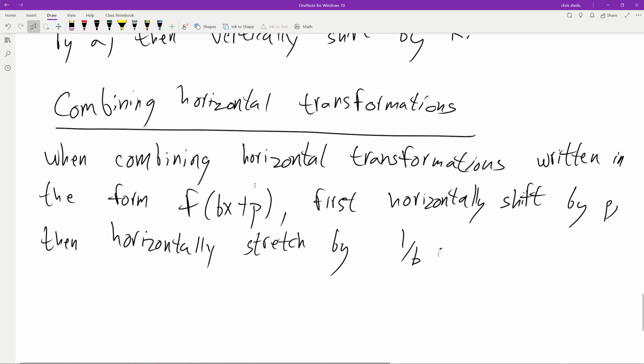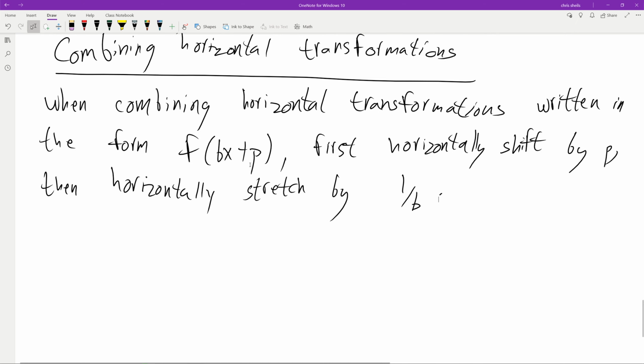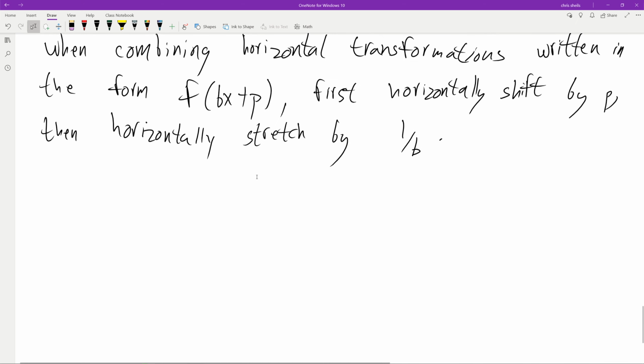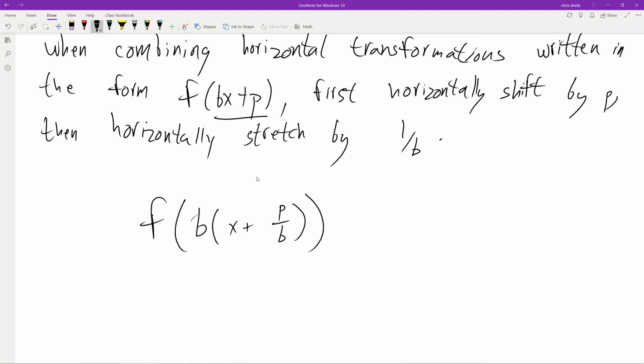This ends up being a bit difficult though, because it's usually easier to horizontally stretch a graph before shifting. So if I factor the inside of my function, this can be a little bit simpler. So alternatively, if I'm combining horizontal transformations written in the form instead f of b times x plus p divided by b, this is just what I get whenever I factor a b out of this definition here, right?